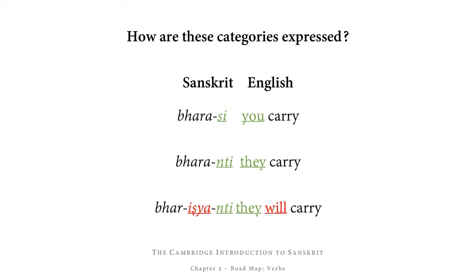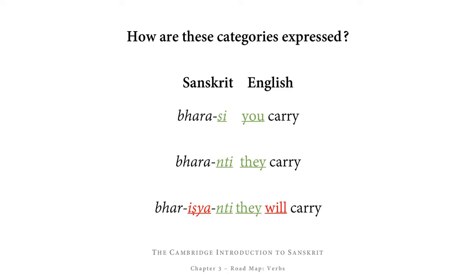If I want to not talk about you, but talk about them, then I change that little word and I say "they carry." In Sanskrit, I would express these ideas by adding different endings to the same verb, and so "you carry" would be bharasi, whereas "they carry" would be bharanti. Si, nti correspond to "you," "they."